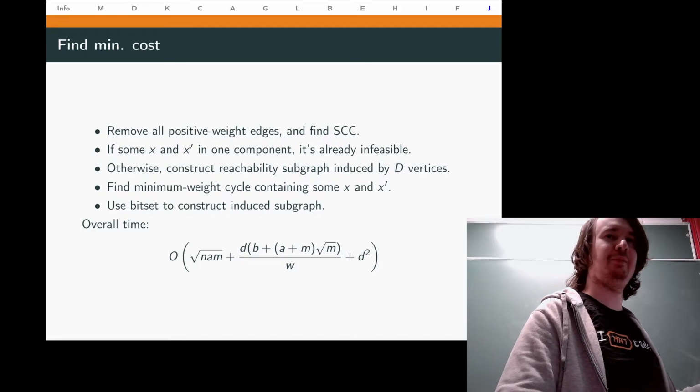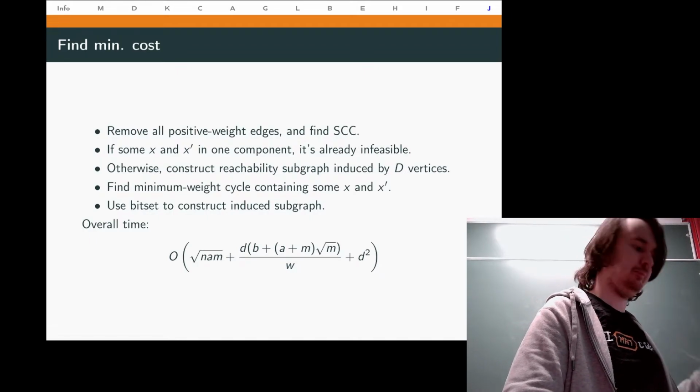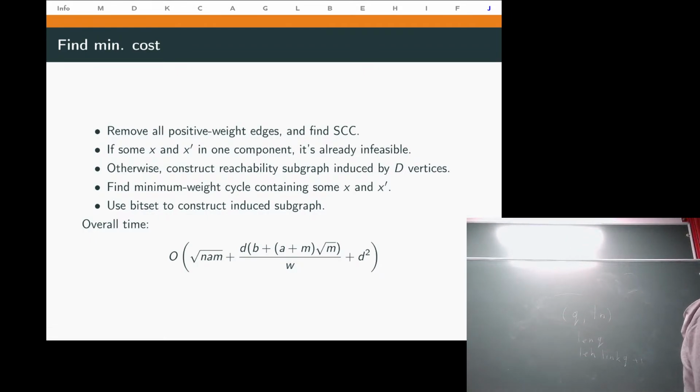Yeah? Why do you need the excessive construction of reachability? So we can divide by 64 in the complexity. It's not something that's just one bunch of multi-source searches here. You need to run 250 of them, and it's already M square root of M, so it's better to reduce the time.